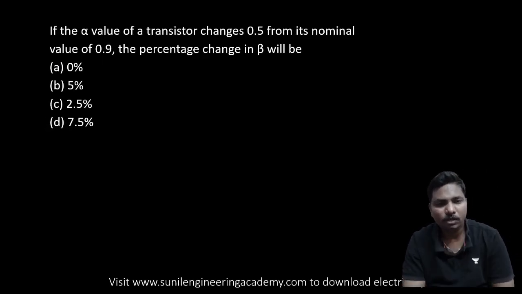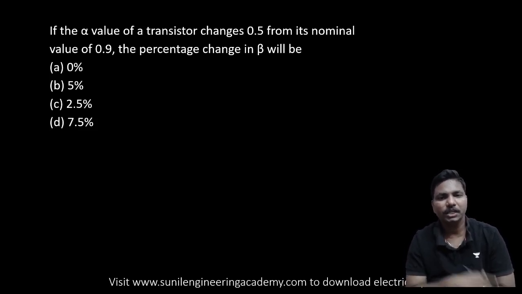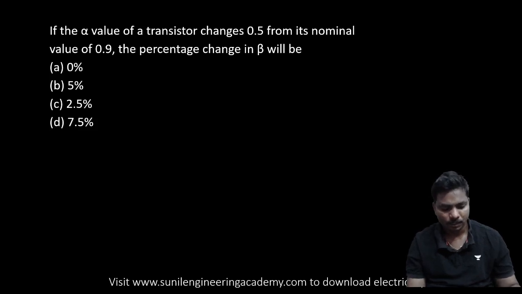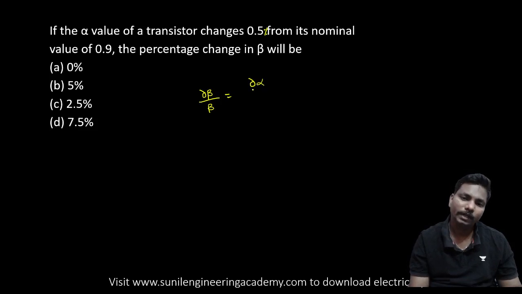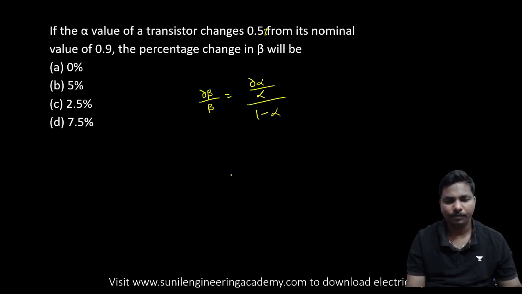If the alpha value of a transistor changes by 0.5% from its nominal value of 0.9, the percentage change in beta will be dash. So here the change in alpha is 0.5%.